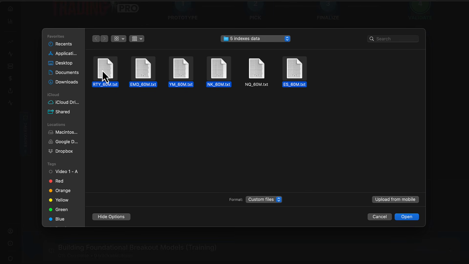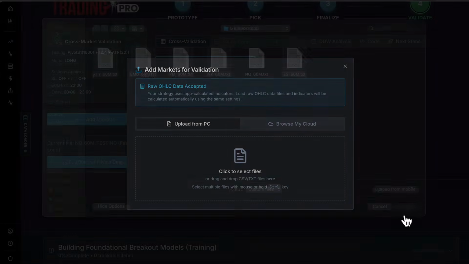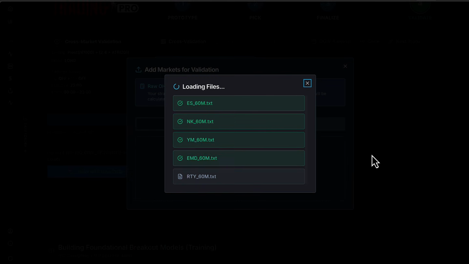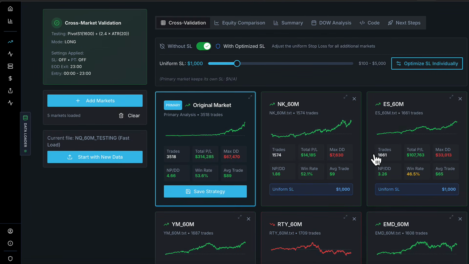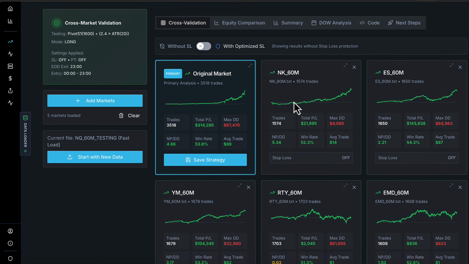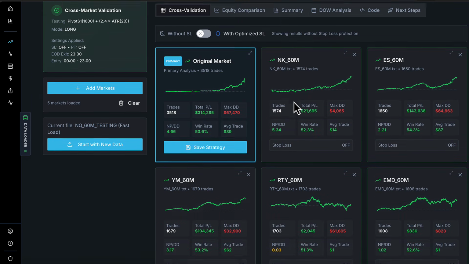Let me validate on E-mini Russell 2000, E-mini S&P 400, E-mini Dow Jones, E-mini Nikkei, E-mini S&P 500. And let's see what we get here. And actually, let's do it without stop loss optimization because we did not use any stop loss in our foundation model.